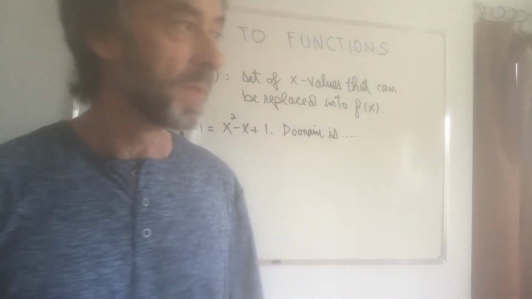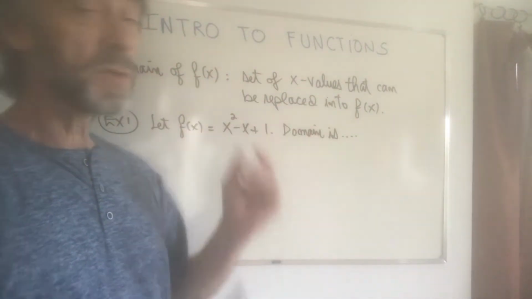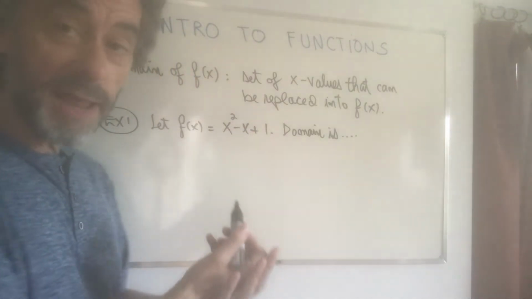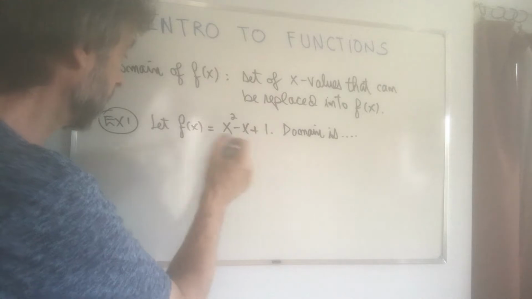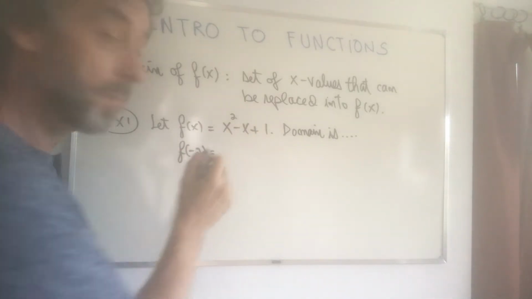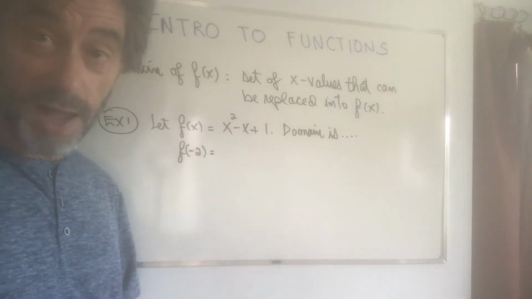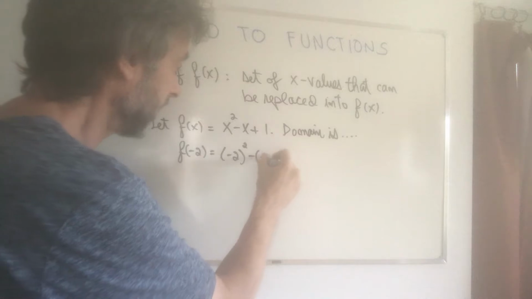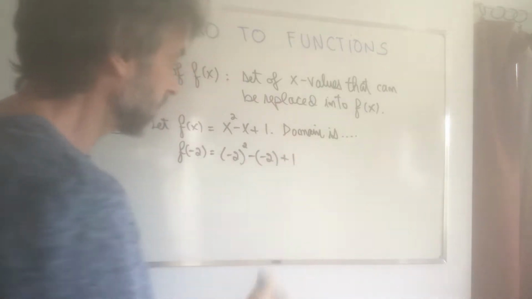What do you say? Domain is the set of x values that can be replaced in here. Can I put negative x's in there? For example, can I put, I don't know, minus 2? Would that be possible? Would I get a y value? Well, I would get minus 2 squared minus 2 plus 1.